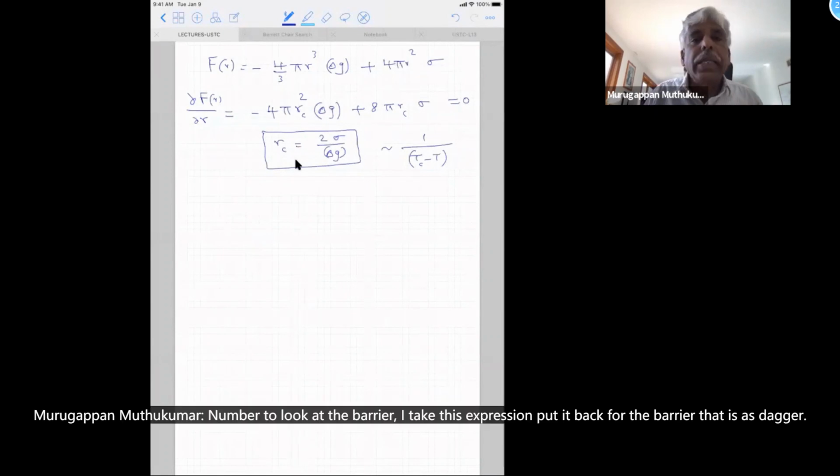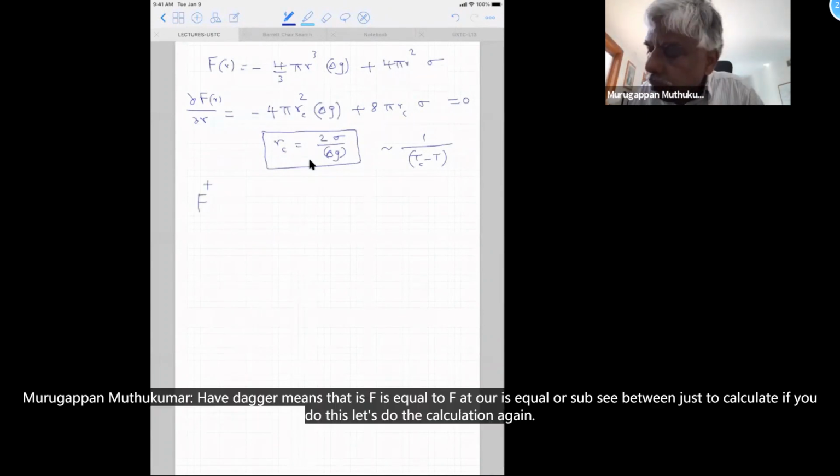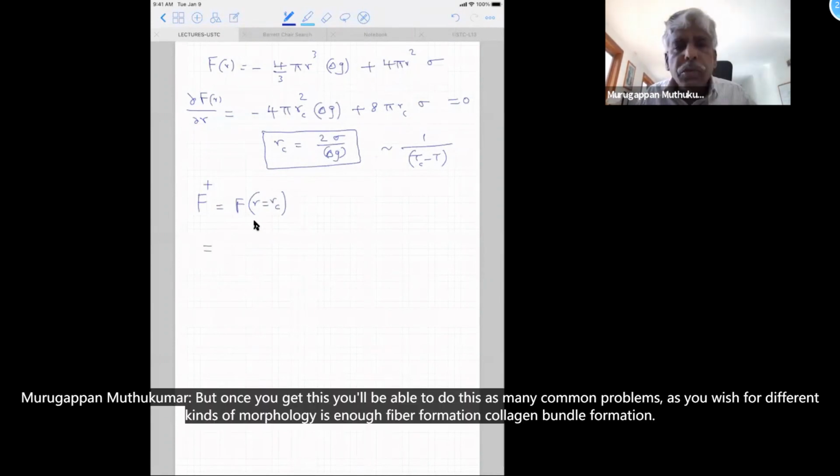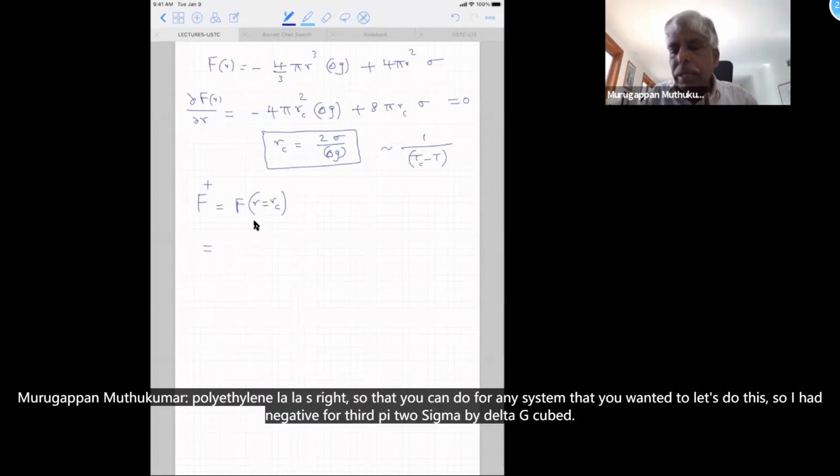Now let's look at the barrier. I take this expression, put it back for the barrier. That is F dagger. F dagger is F at R equal to R sub C, which we just calculated. Let's do the calculation again, because once you get this, you'll be able to do as many homework problems as you wish for different kinds of morphologies, fiber formation, collagen bundle formation, polyethylene lamellae, etc. You can do it for any system that you want.